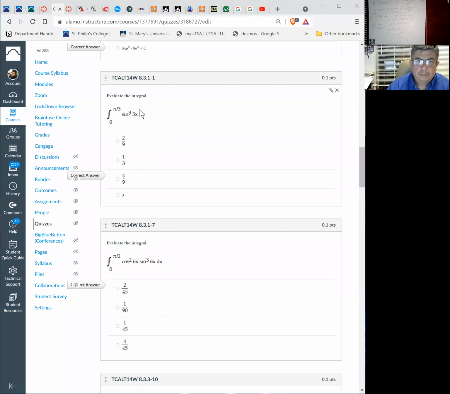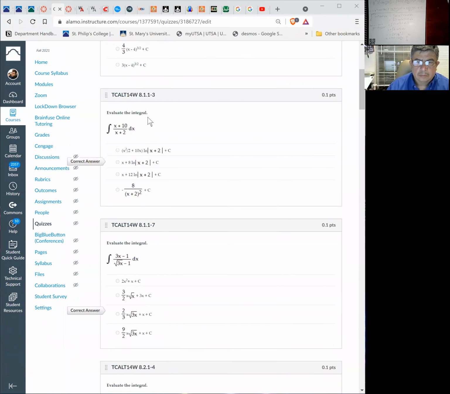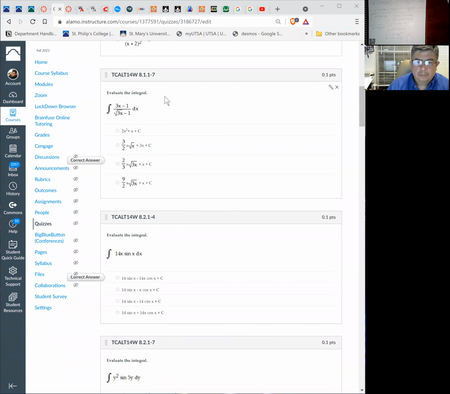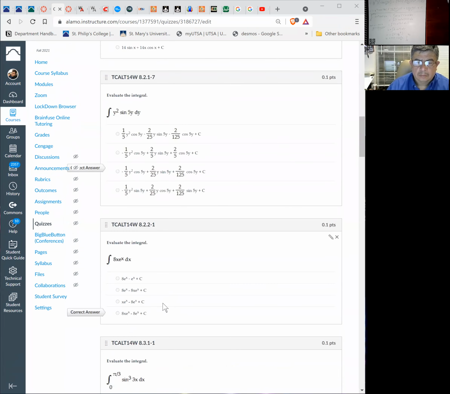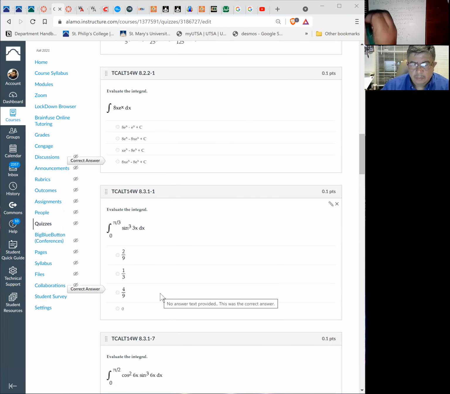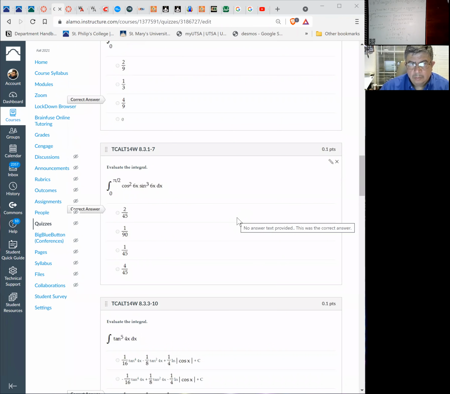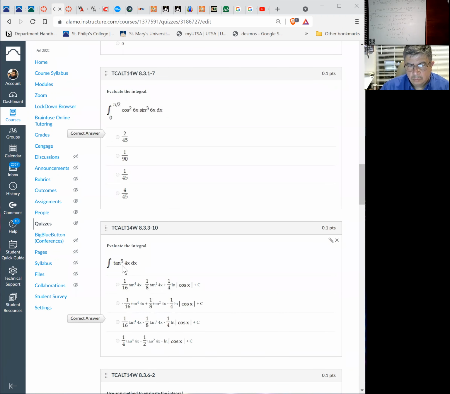So you're going to use similar techniques for this one. I already forgot the number I'm on. So it's 1, 2, 3, 4, 5, 6, 7. So this is number 7. So for 7, 8, and 9, you'll use one of those rules I gave you, so if it's even or odd, whatever. See how this one's even and odd. This is the tangent. Remember, I gave you a set of rules for tangents and secants.